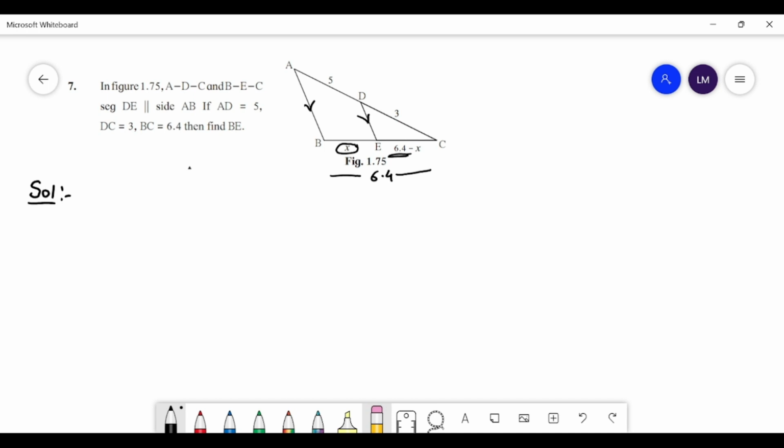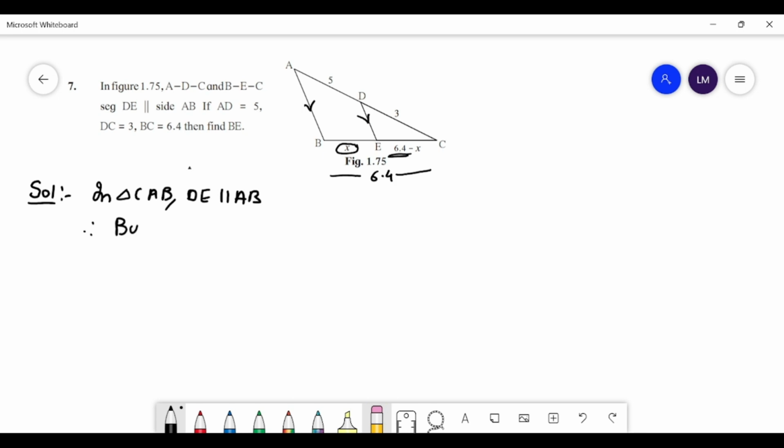Now in triangle CAB, DE is parallel to AB. Therefore, as we studied in the basic proportionality theorem, we have to write the statements.